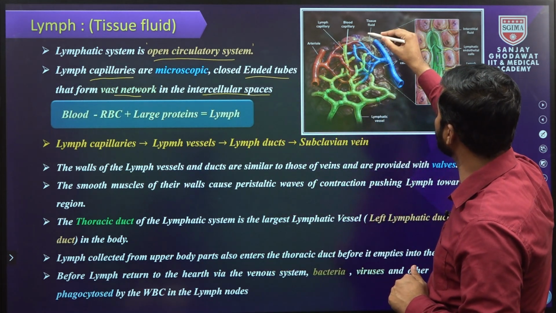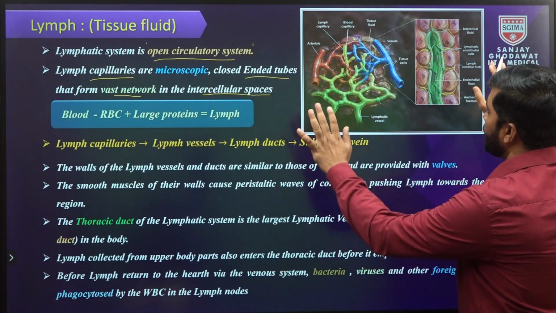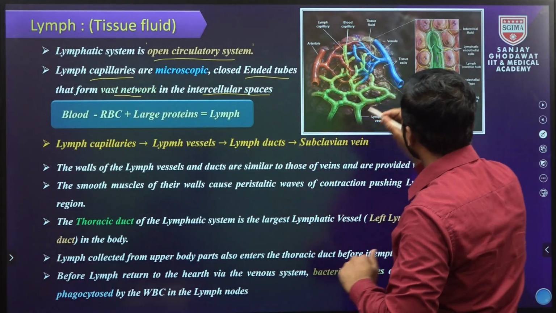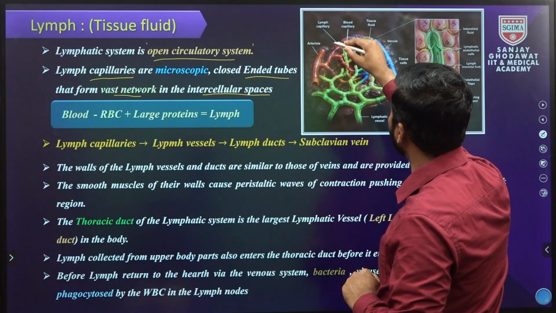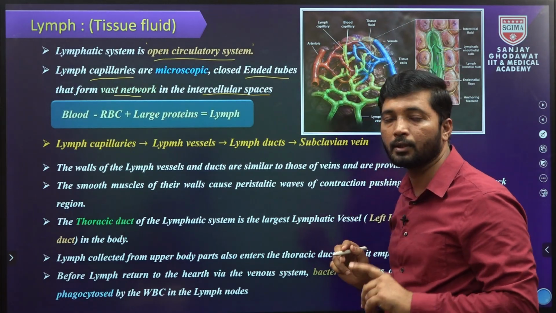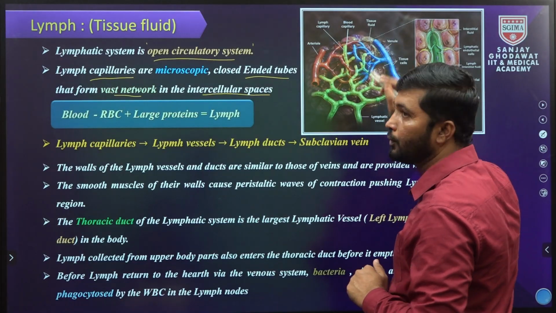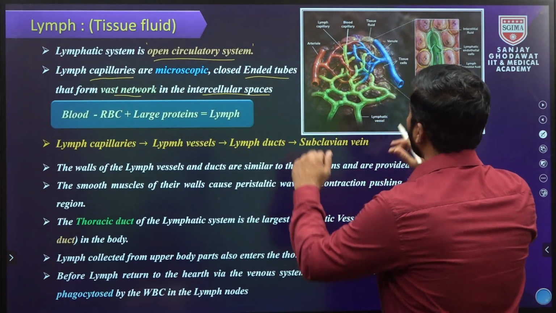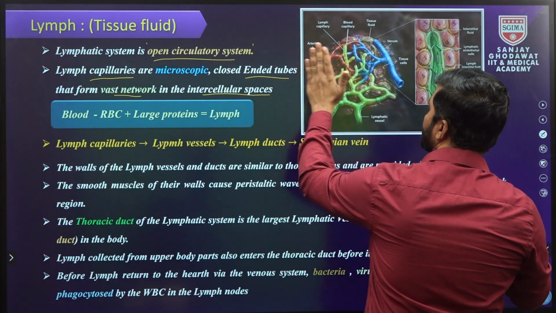If you take the tissues, what happened? Different capillaries are present. The red color capillaries are the arterial capillaries, and the blue color capillaries are the venous capillaries. The arterial capillaries carry oxygenated blood towards tissues.